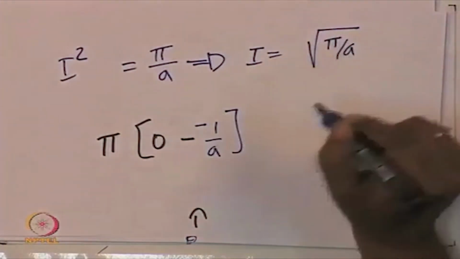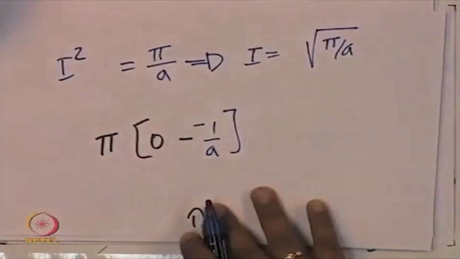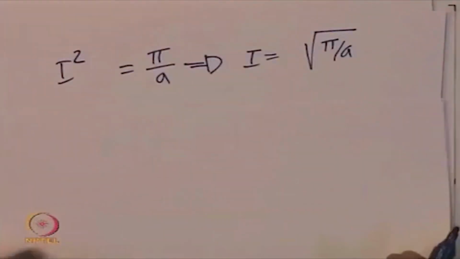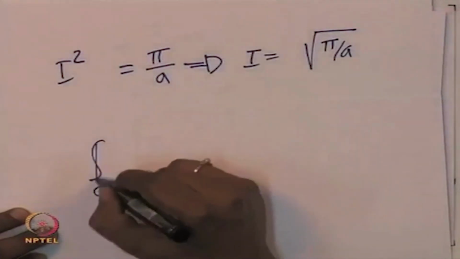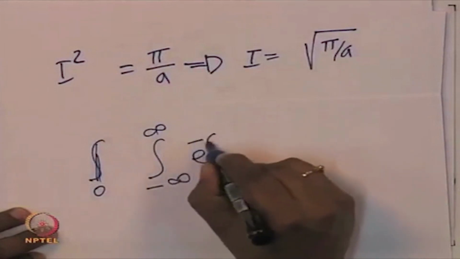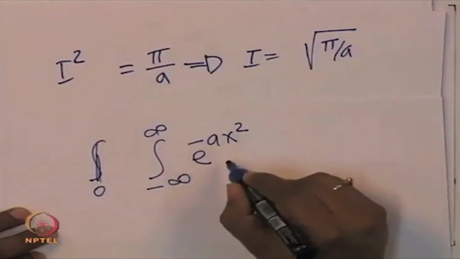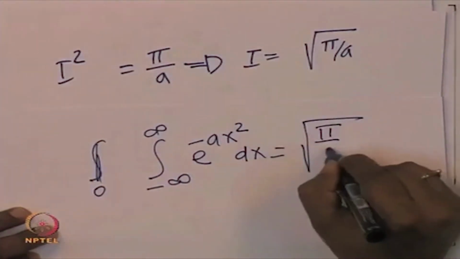So, this is a well known result, that the integral of a Gaussian, integral minus infinity to infinity e power minus a x square dx, is root of pi by a.